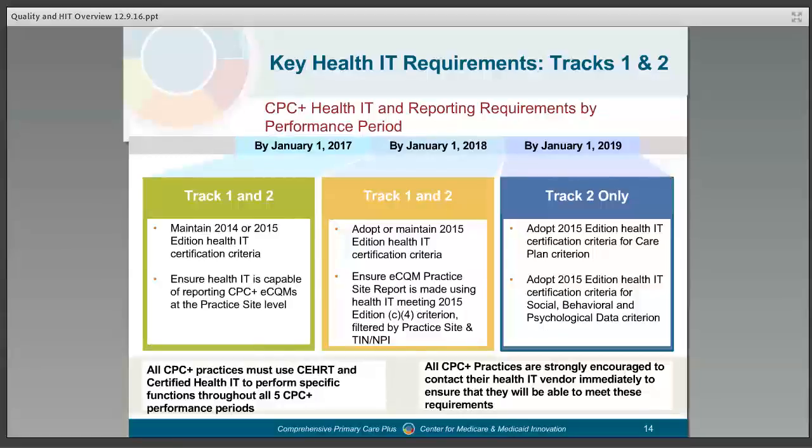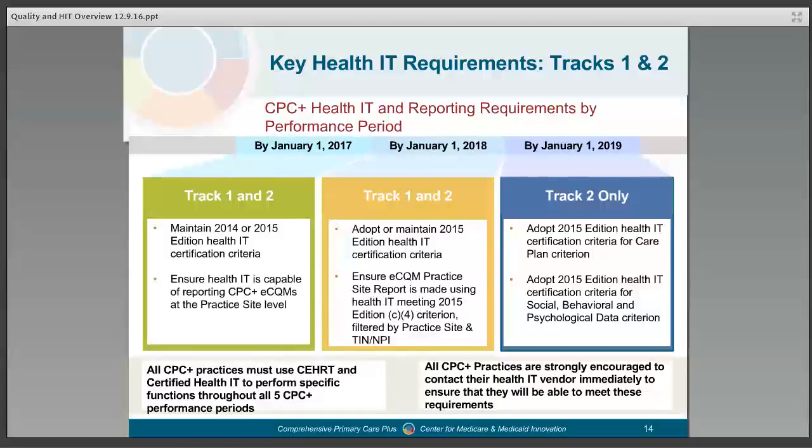So first of all, starting from the left, by January 1st, 2017, both tracks 1 and 2 must maintain 2014 or 2015 edition health IT certified criteria. They must also ensure that their health IT is capable of reporting CPC Plus eCQMs at the practice site level, which is a combination of TIN, NPI, and your physical address.